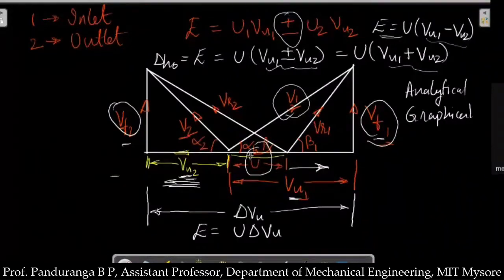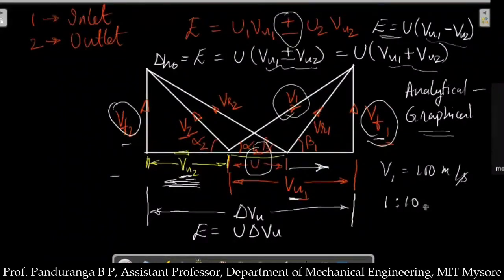We can find these velocities analytically, or we can construct the velocity triangle by taking a suitable scale. If V1 is 100 meters per second, then we take a scale of maybe 1 is to 10 meters. We represent V1 as a line with 10 centimeters as length and alpha 1 as its direction with respect to u.